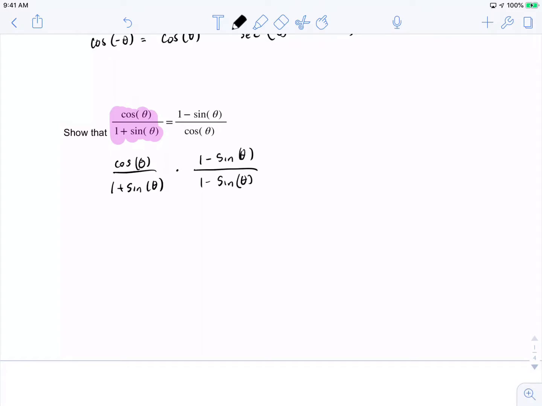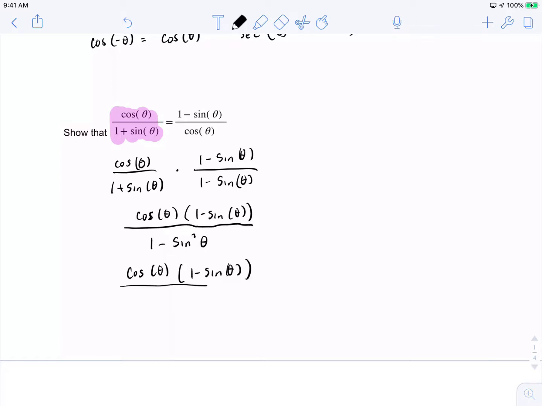That's going to give me cosine of theta times 1 minus sine theta. And on the denominator, I'm going to get 1 minus sine squared theta because they're a difference of squares. And we see that the denominator is one of the Pythagorean identities, a manipulation of it actually. And so that's cosine squared theta.